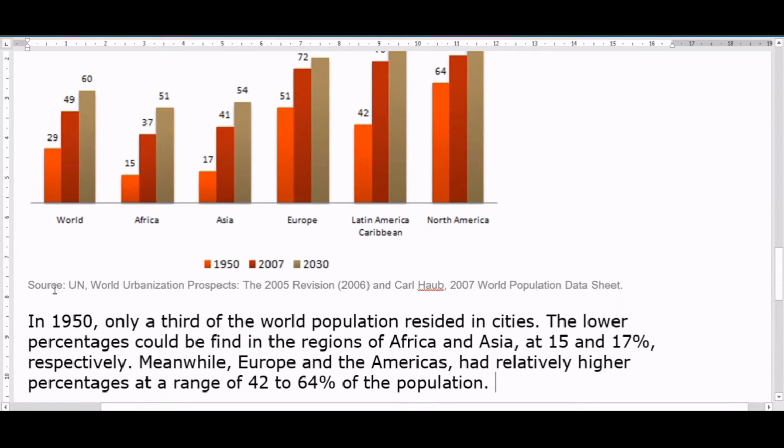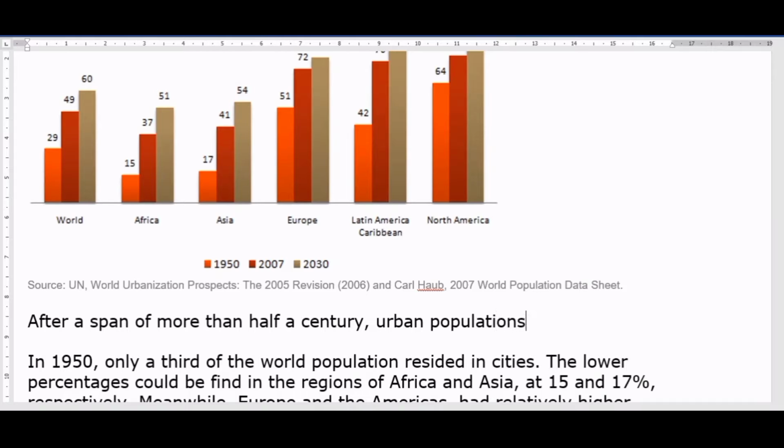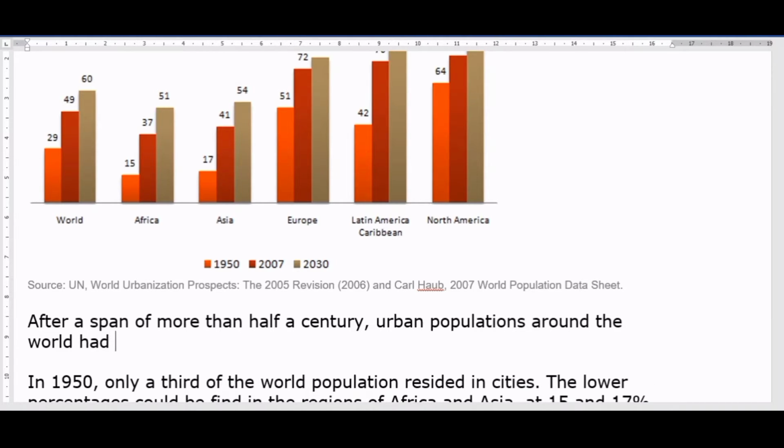We're now moving on to the 2007 figures. After a span of more than half a century, urban populations around the world had nearly doubled at 49%. So that's the one over there.